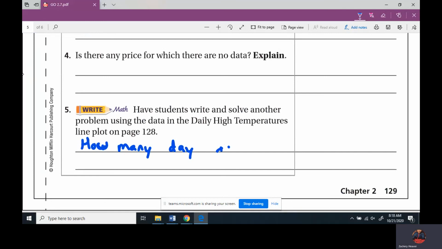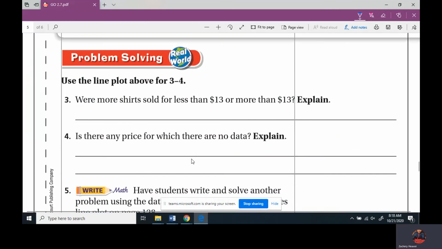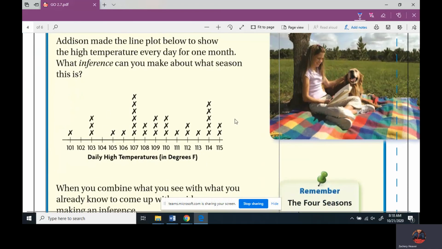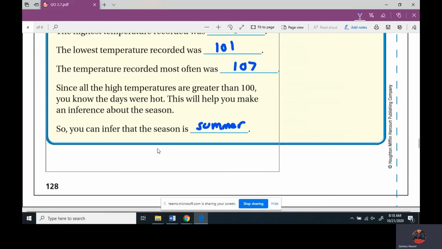How many days were recorded? So all you guys have to do is go back up to this chart and count how many days, okay? How many days? I'm not going to do that for you. You just count the number of X's.